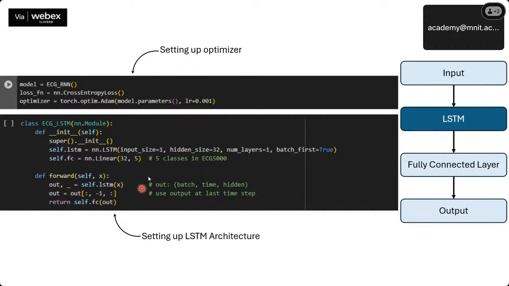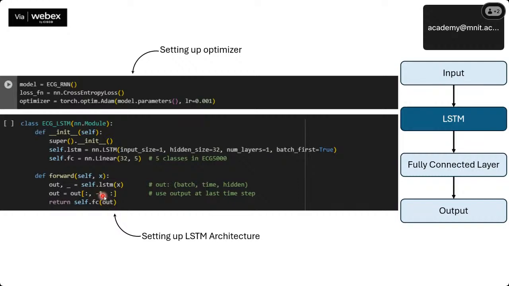And then you define your LSTM architecture. Your input X is being taken by the LSTM, then it is stored in the out variable. Then this out variable is flattened in this piece of code, and the flattened output is taken by the fully connected network.